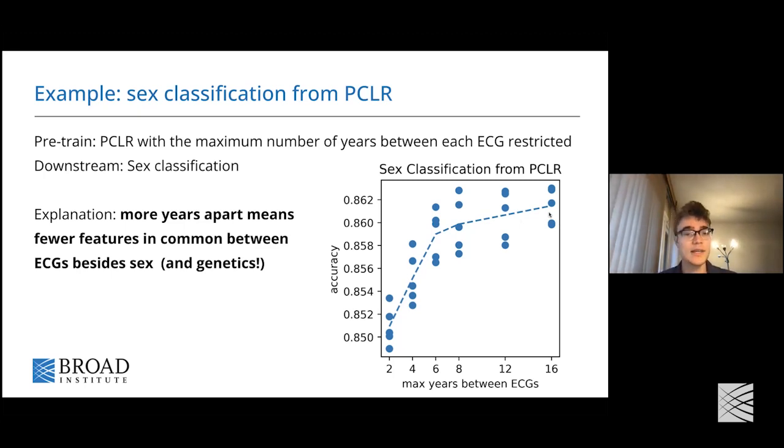ECGs, even 30 years apart, are likely to share sex features, but they're not likely to share any other features, like features related to age or features related to short-term diseases. So the farther apart the ECGs could be, the better for a downstream sex classification model.